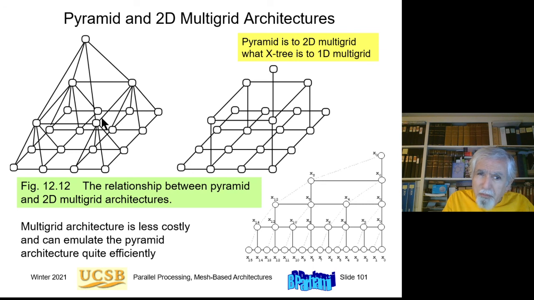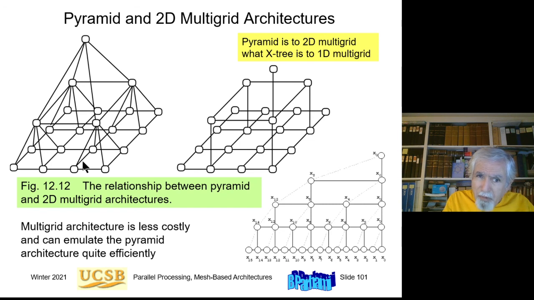Now, the original pyramid has node degree 9, because in general, each node will have, okay, it doesn't occur for this small pyramid, but if I had a larger pyramid, each node has 4 neighbors on its own layer.